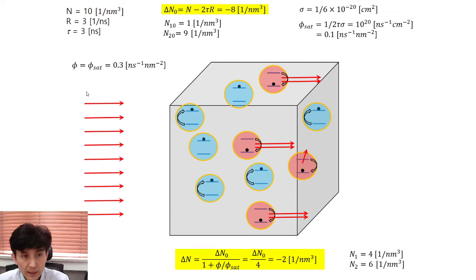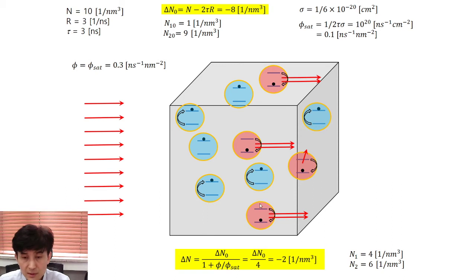So when phi is equal to 3 times phi set, this number becomes 3, and this will be 4. So the population inversion is decreased from -8 to -2. That means the number of ground state atoms is 4 and the number of excited state atoms is 6.